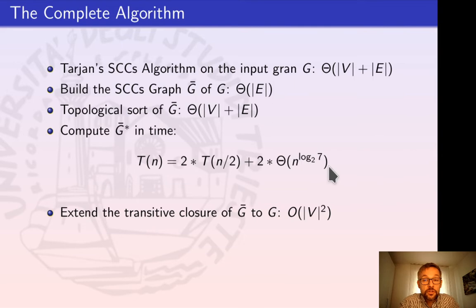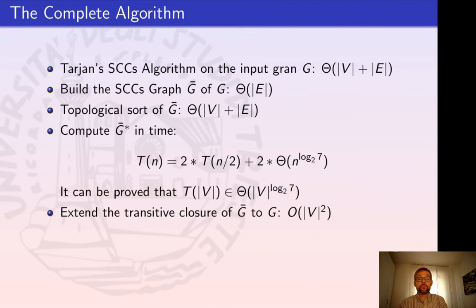Now, what's the complexity of this function? So what's the complexity of performing the infinite product of an upper triangular matrix? Well, the complexity of getting the infinite product of an upper triangular matrix can be proved to be theta of cardinality of V to the power of logarithm base 2 of 7. Okay?